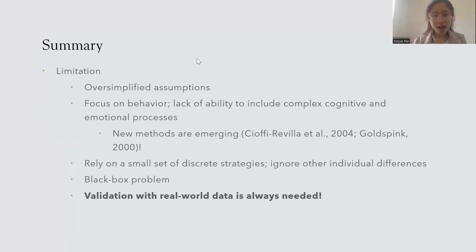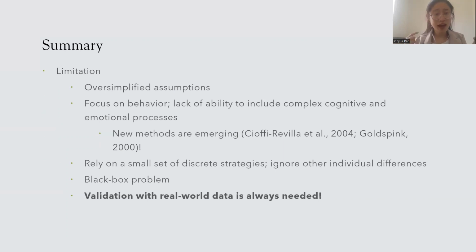And another problem is the black box problem. So even though we have a model that perfectly predicts real world data, we can never say that this is the true model because there are always other alternative explanations. What we can do is only try to approximate the truth, but any model is always falsifiable.